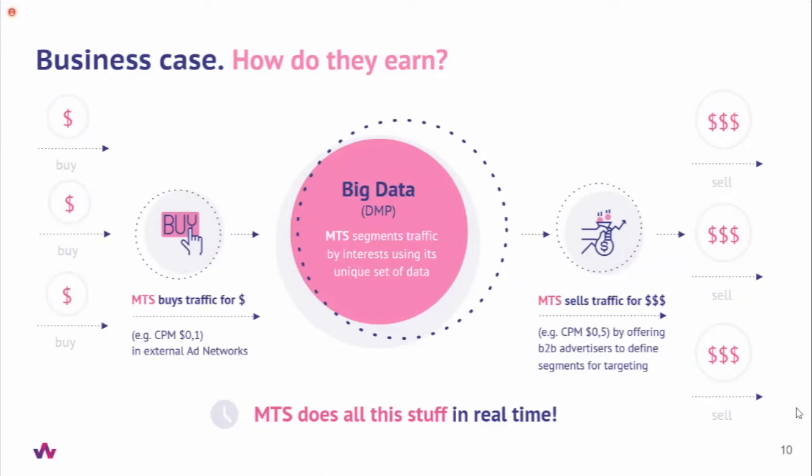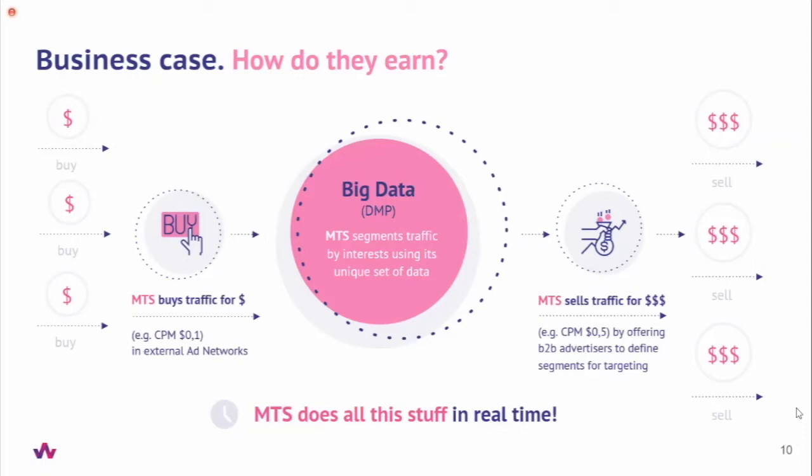In two words, they buy cheap inventory, cheap traffic. They add real value to this traffic. They add their big data, their data segments. They allow advertisers to use their data for targeting on this traffic, because without this feature, this traffic is almost useless.